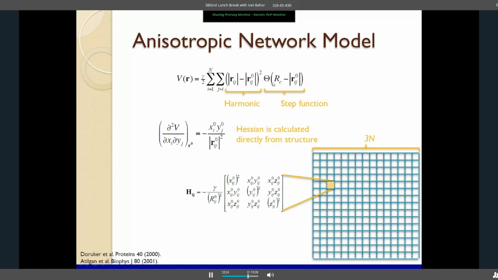And from the second derivative of this potential, you generate the super elements of the Hessian matrix. Super elements mean 3 by 3 matrices.